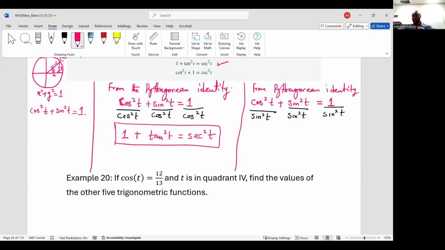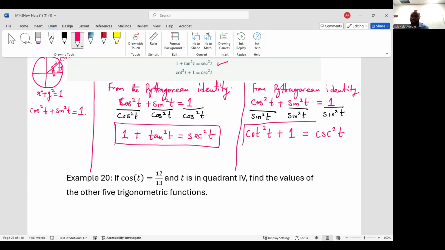So if you flip that, it becomes cotangent. And because of the squared, I have cotangent squared of angle t plus sine squared t divided by sine squared t, that is 1, equals to 1 over sine is cosecant. And because of the square, I have cosecant squared of t.